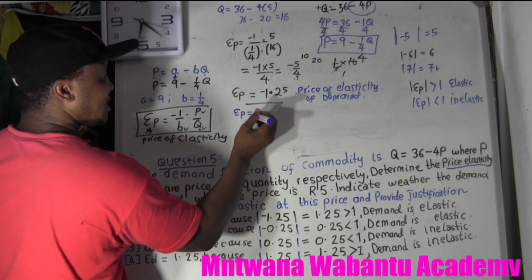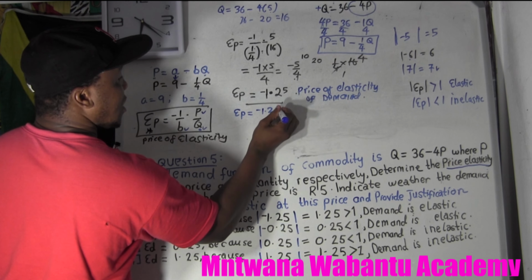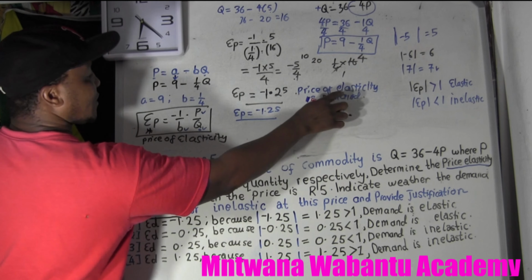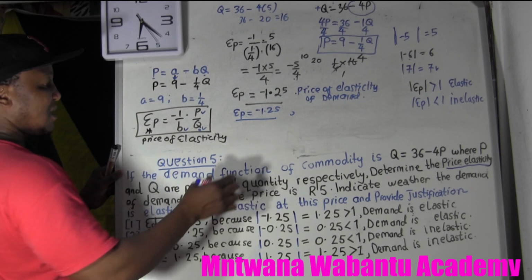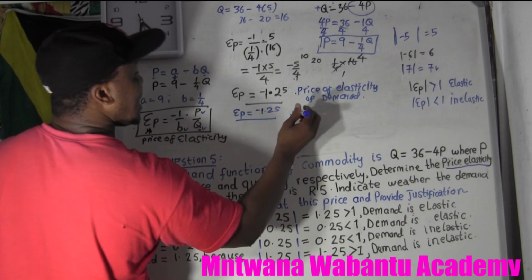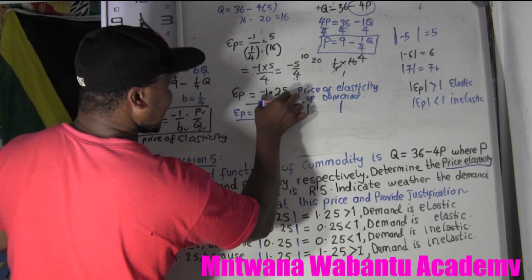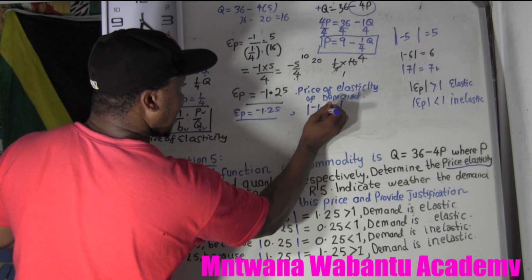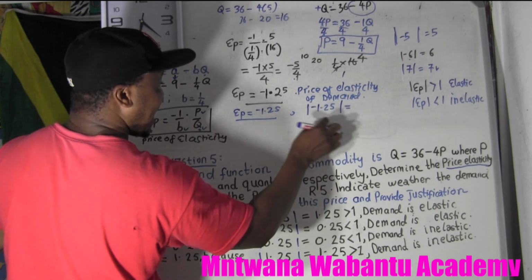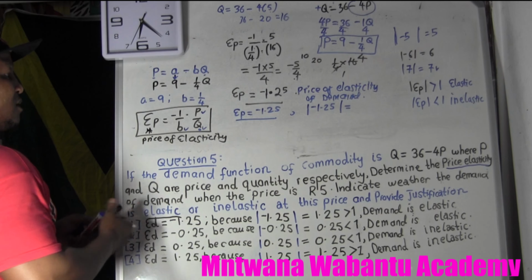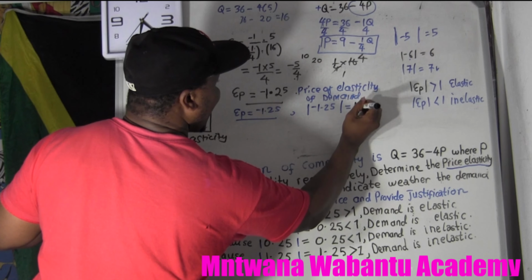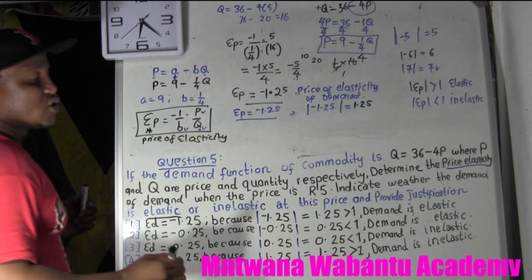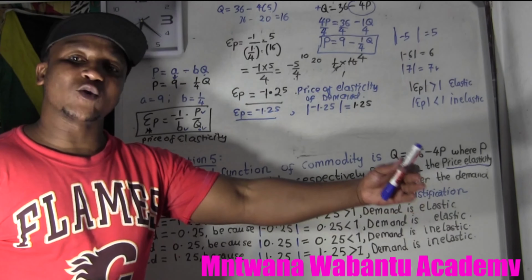So I'll take this price elasticity of demand and plug in the absolute value. This is the price elasticity. Now I'll take this value and put it in absolute value. So what happened? We know it's going to come out as positive, which is going to be 1.25. So is 1.25 bigger than 1 or smaller than 1?